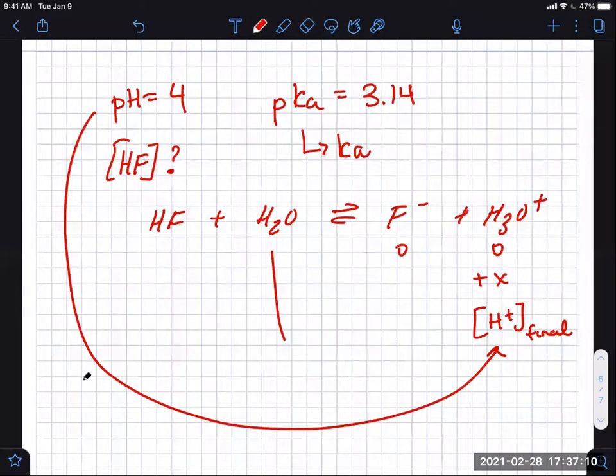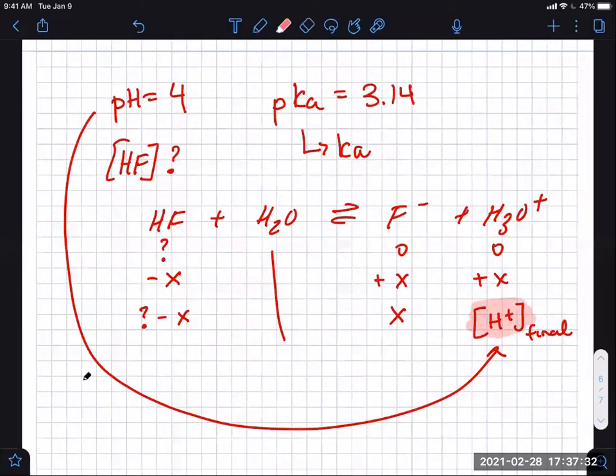You don't know what this is, so this can be a question mark. But we're going to have some change, right? If you see where I'm going here, you know what the H plus concentration is.